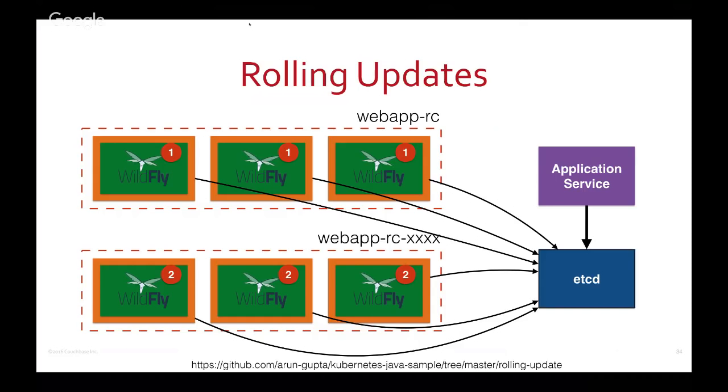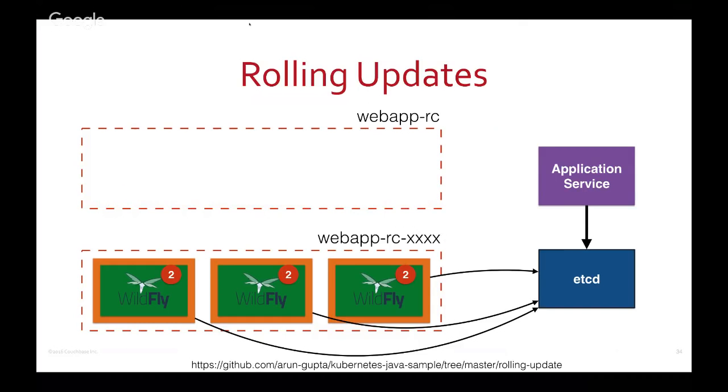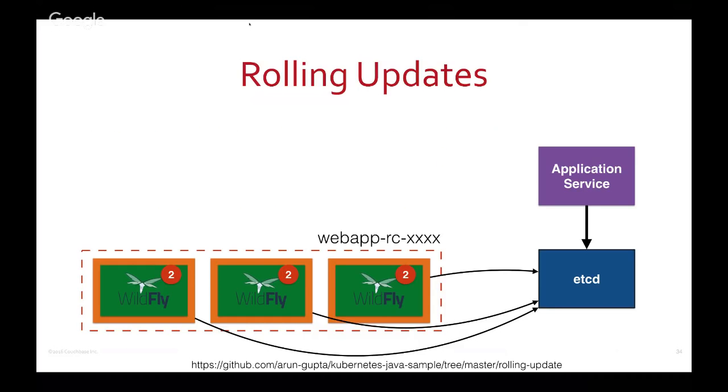So there's a very tiny moment where your application service will be guiding some traffic to version 1 and some traffic to version 2, but then very quickly the Kubernetes cluster deletes all the pods which were version 1 as part of the rolling update command, removes the web app replication controller, and renames web app rc-xx to web app rc. So that's how your rolling update works. And once again, if you look at the bottom of the screen, the complete script, the image names, or the commands are explained over there on the GitHub repository.